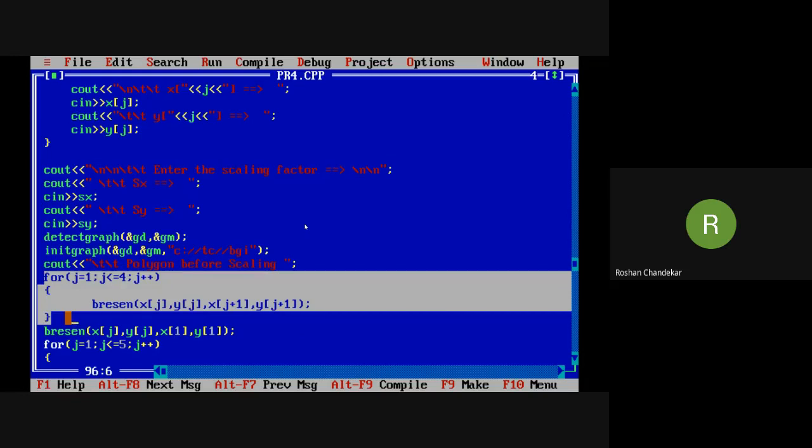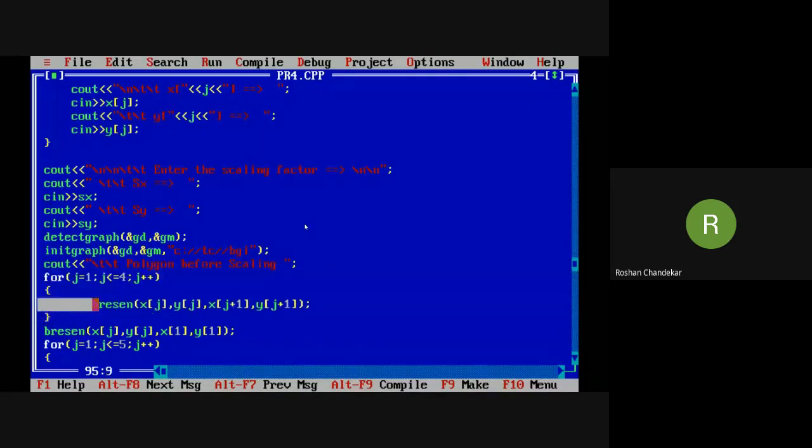The starting vertex of my polygon is nothing but my ending vertex. So by connecting that point into the line, we take only j up to 4. And we call the Bresenham algorithm here, by giving the values x1, y1, x2, and y2.